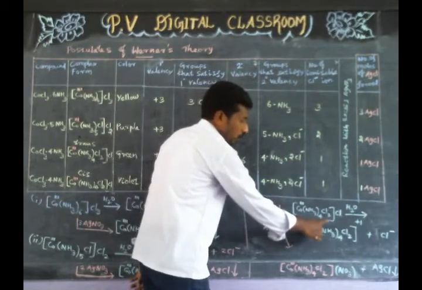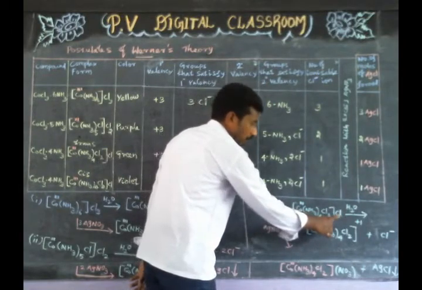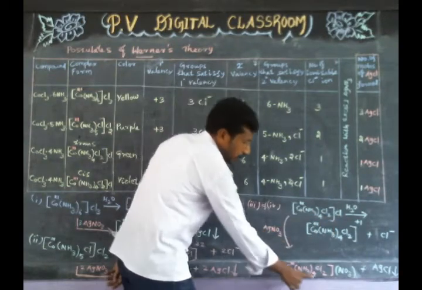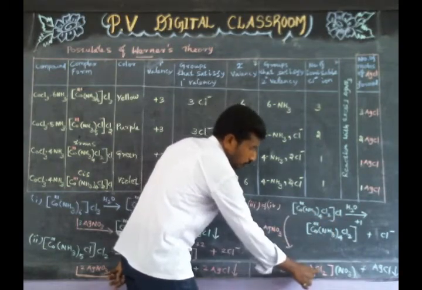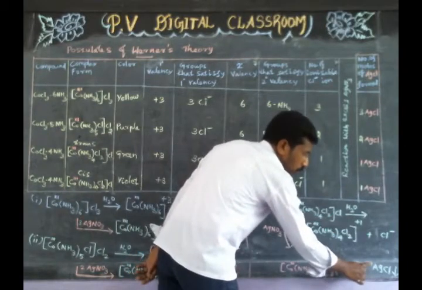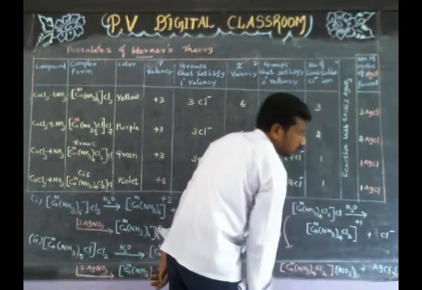Tetraamine dichlorido cobalt 3 chloride reacts with silver nitrate solution to give tetraamine dichlorido cobalt 3 nitrate and 1 mole of silver chloride.